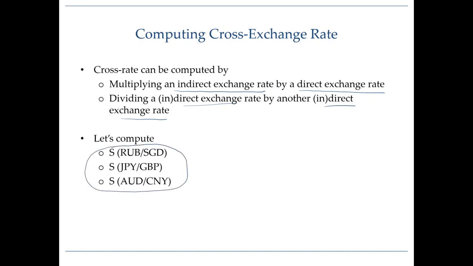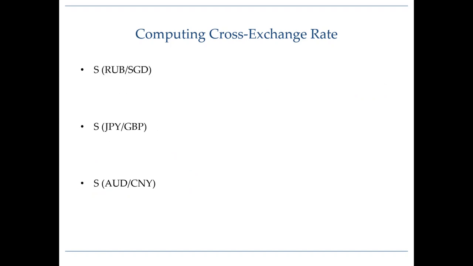So let's compute exchange rates between the Russian ruble and Singapore dollar, the Japanese yen and British pound, and the Australian dollar and Chinese yuan. We're starting with the Russian ruble price of the Singapore dollar. In order to compute this, the first thing we can do is take the spot rate between the Russian ruble and US dollar, specifically the ruble price of US dollar, which is an indirect quote, and multiply it by the direct quote for the Singapore dollar, that is the US dollar price of the Singapore dollar.